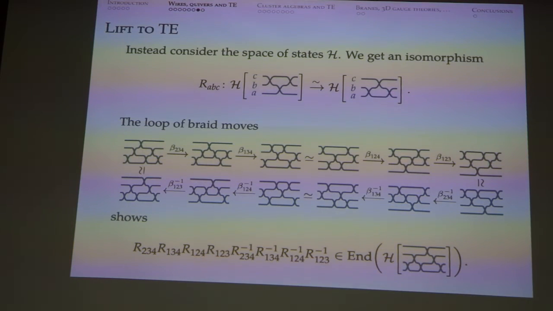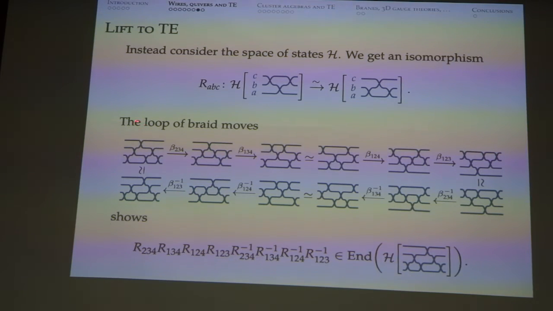And then duality, by duality, what do I mean? Well, duality doesn't tell you that the Hilbert space of states in this theory and the Hilbert space of states in the dual theory are equal. Duality just tells you that they are isomorphic. So which means that duality gives you some kind of operator R, which I call R_ABC, which gives you an isomorphism like this.